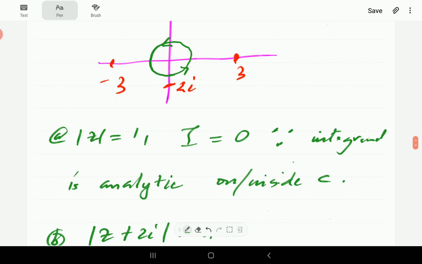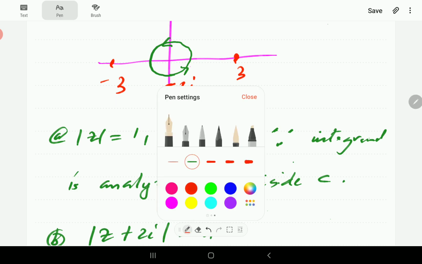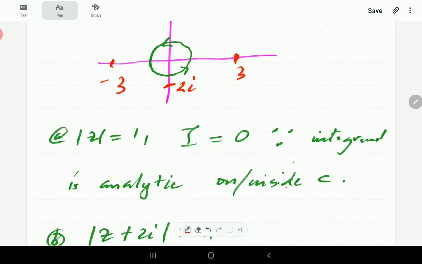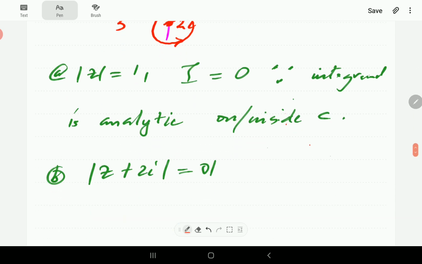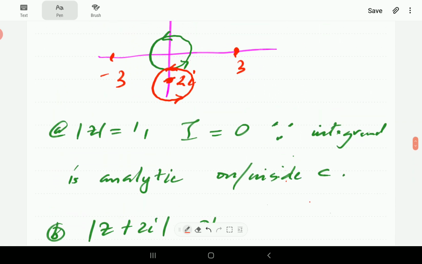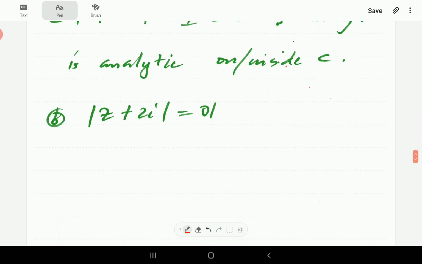If we go back here, this one is going to be centered at negative 2i, and it's going to have radius 1. So it's going to be this type of circle, and you can see that there is one singularity obviously inside, namely negative 2i. So that means negative 2i is our z0.